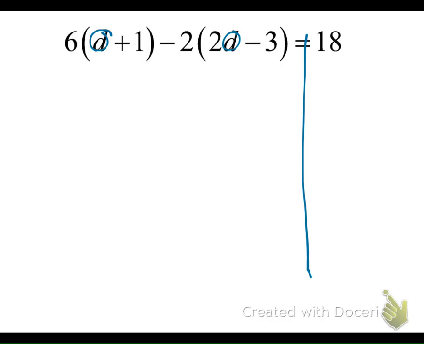So Alex, go ahead and distribute for me. What do you get? 6D. You're multiplying, remember?